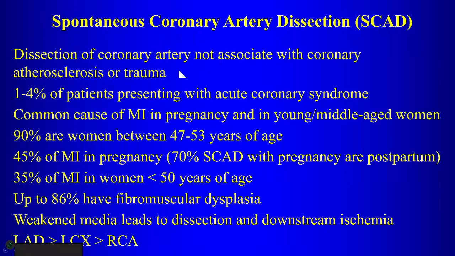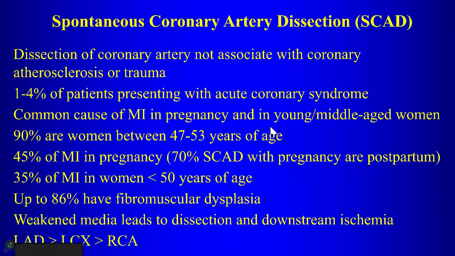So this is dissection of a coronary artery not associated with coronary atherosclerosis or trauma. It's thought to affect 1 to 4% of patients presenting with acute coronary syndrome. It's a common cause of myocardial infarction in pregnancy and young middle-aged women.